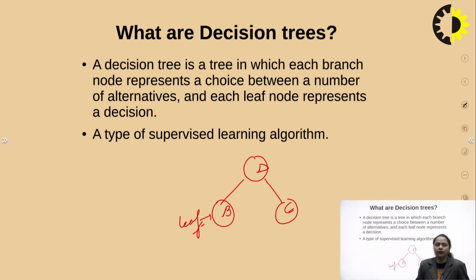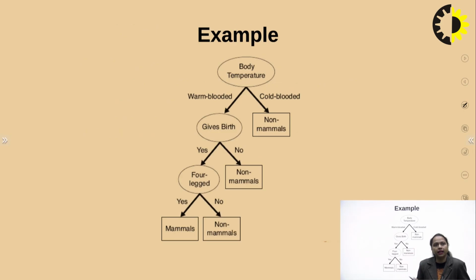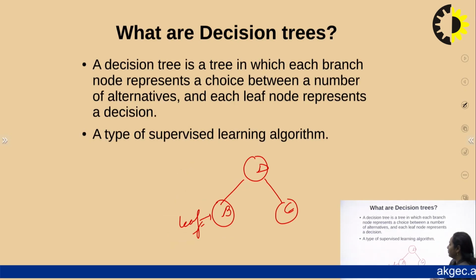Means from Delhi I have only two options: either I can commute to Bangalore or I can commute to Chennai. It is basically a type of supervised learning algorithm. Whatever data we have, we have a certain number of options available, and all the options are defined to us.